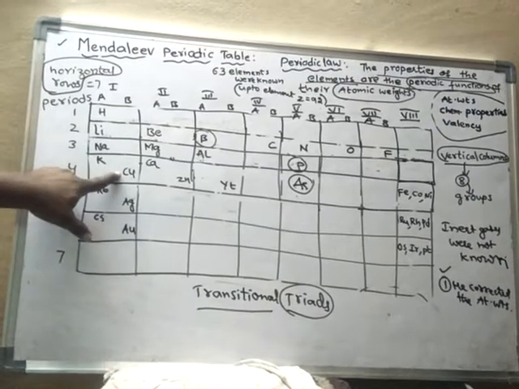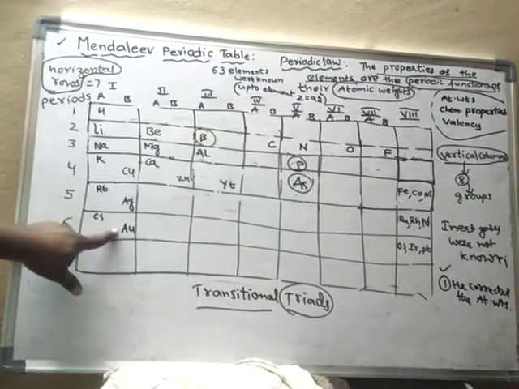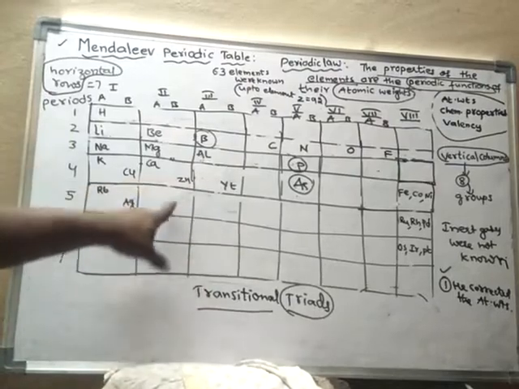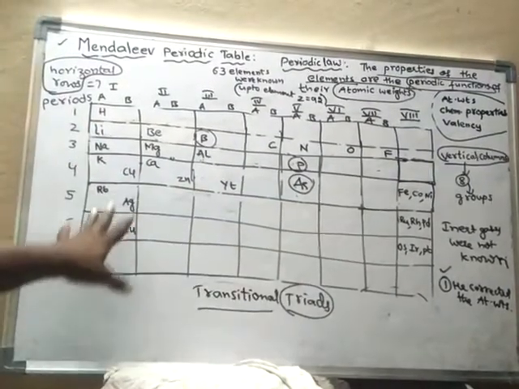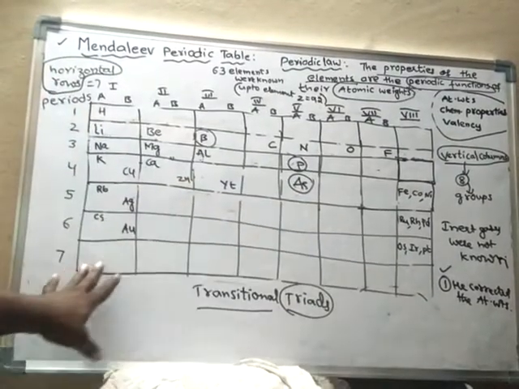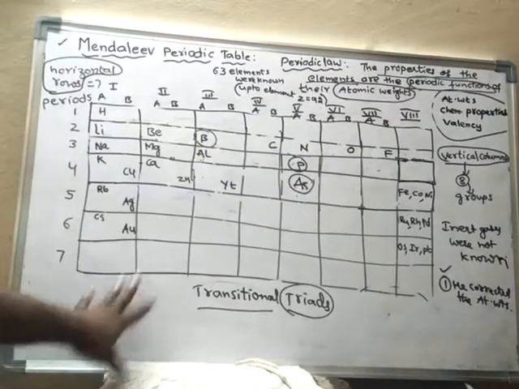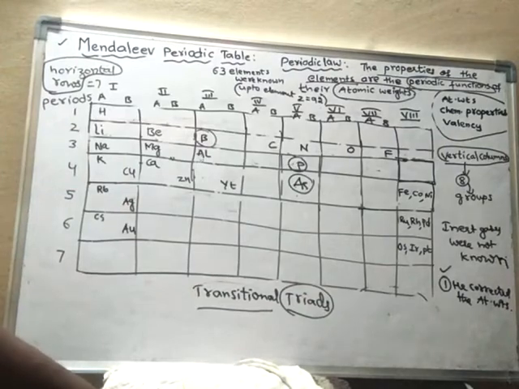This is a transitional element, this is a transitional element, this is a transitional element. So like this, there are so many transitional elements which are spread throughout the periodic table, but he didn't know that those elements are transitional elements.